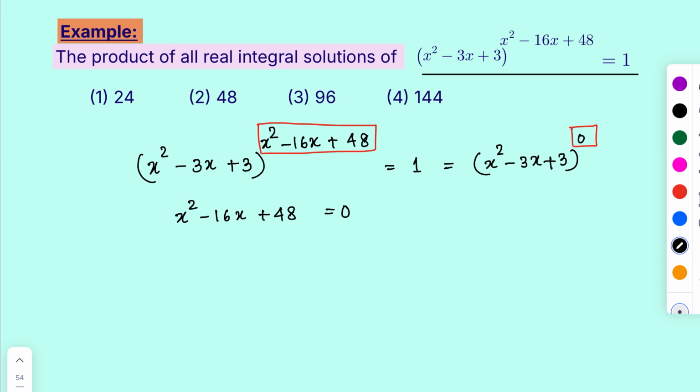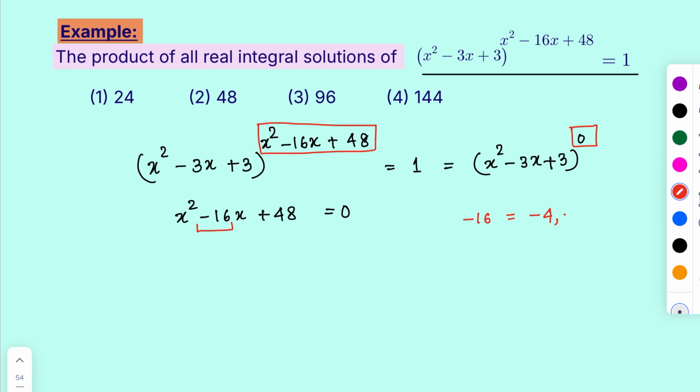Now we can solve it by the factorization method. We have to factorize by splitting the middle term of this quadratic polynomial. Here minus 16 is the middle term, and we will choose judiciously two numbers whose sum will be equal to minus 16 and product will be equal to plus 48.